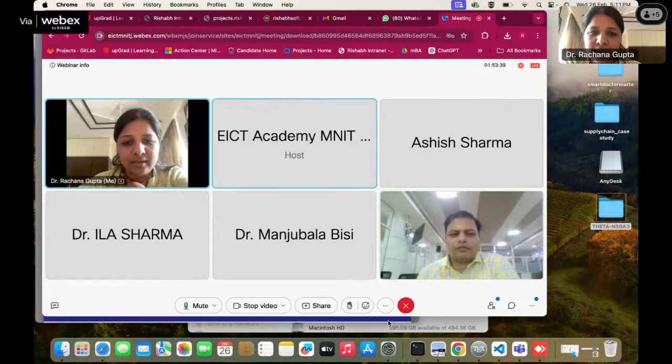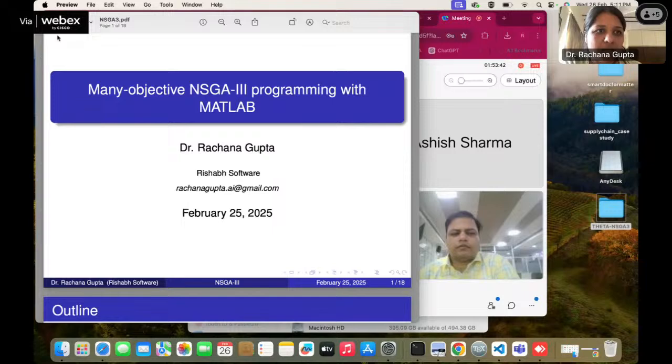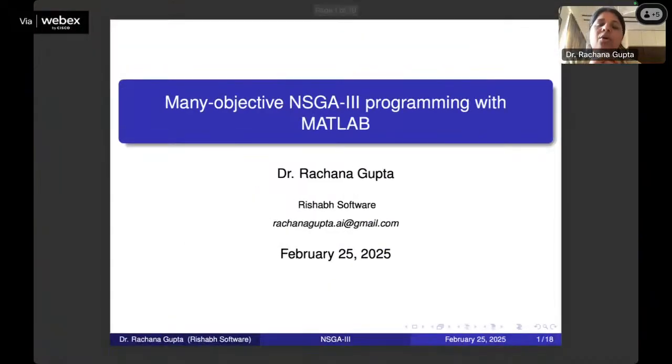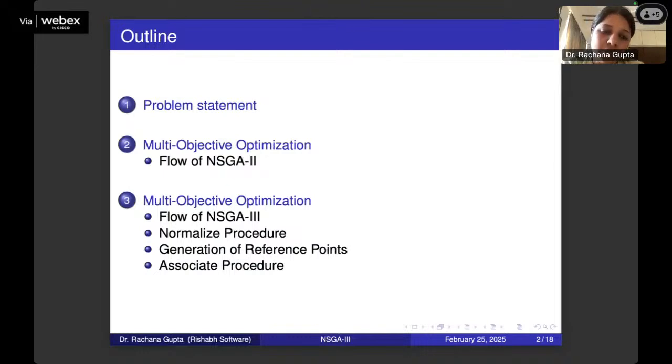So today I'm going to start with the basic approach, or the algorithmic model, that we follow for the development of NSGA3, which is a modified version of the NSGA2 algorithm. First, we will understand why we moved from NSGA2 to NSGA3, and why that requirement came.